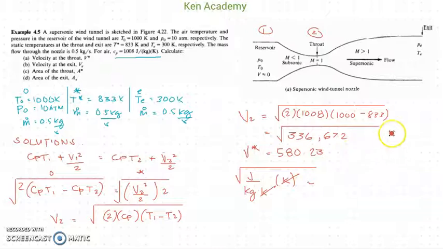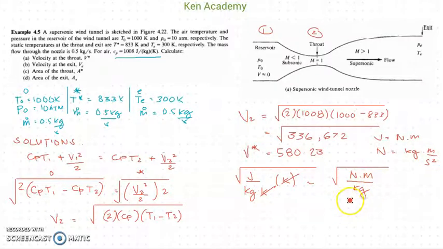And I also know that joules is equal to Newton meter. Newton meter per kilogram. Right? I also know that 1 Newton is equal to 1 kilogram accelerated at an acceleration of 1 meter per second squared. So I will substitute that one.